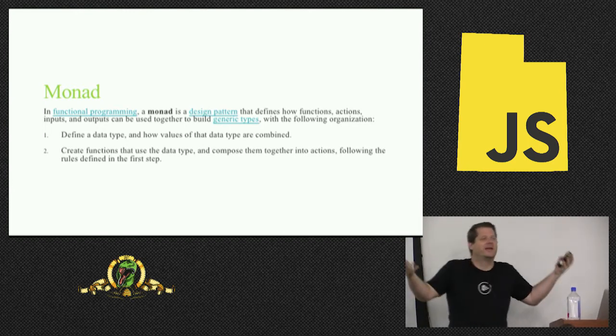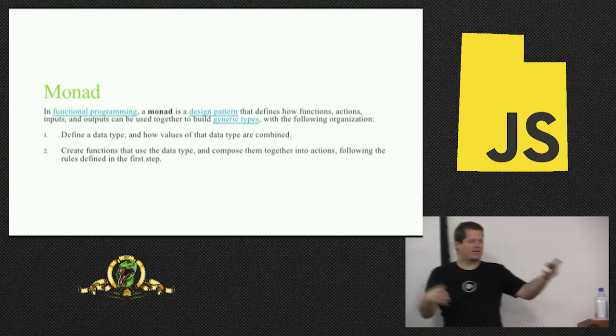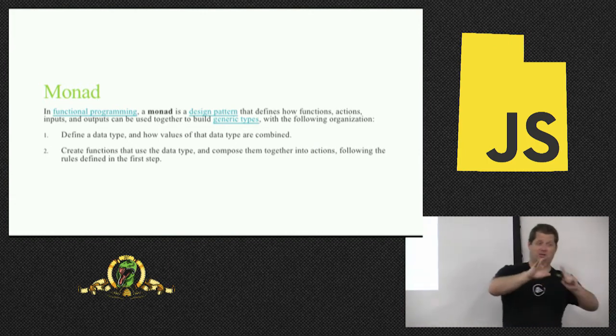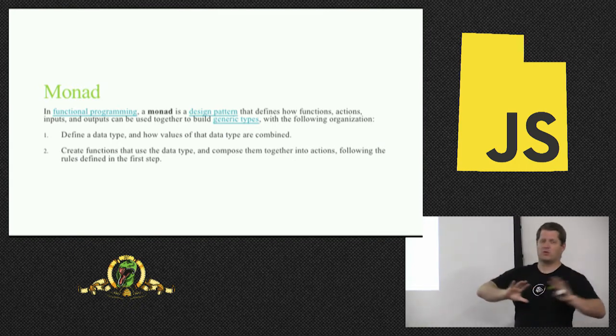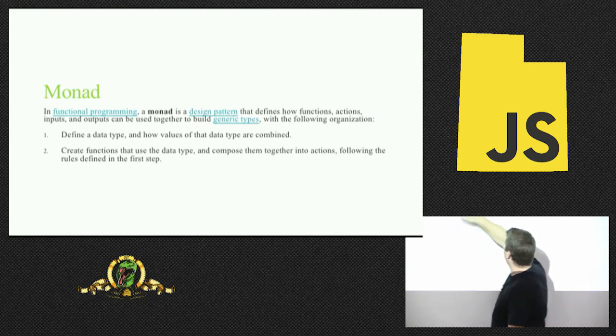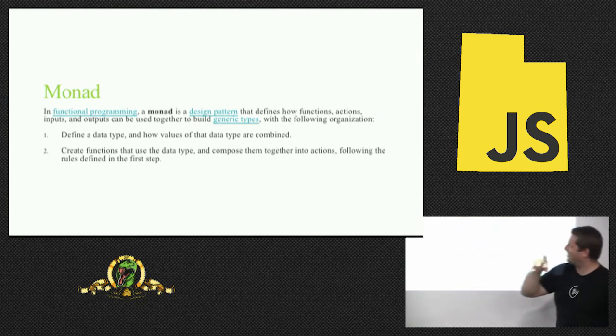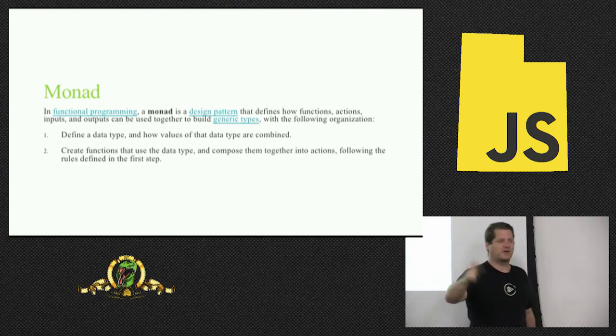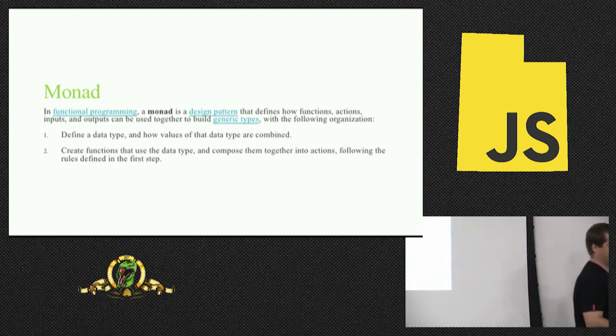Right. Yes. An object or a class or whatever you want to call it. Right. But it's not that. It's a monad. So don't confuse the two, even though you're welcome to confuse the two. It's fine. They can be used together to build generic types with the following organization. One, you define a data type, and then you create functions to edit that data type.